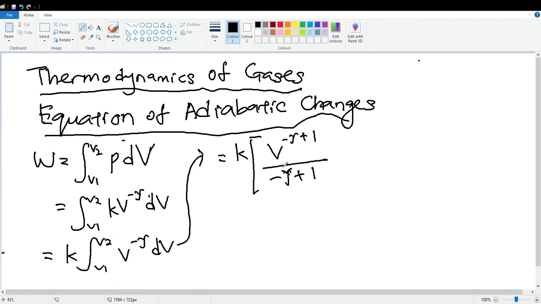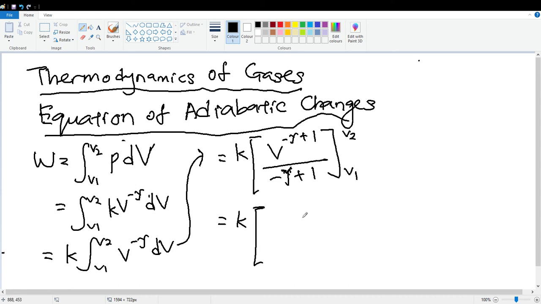This is the law of integration: the power is added by 1, and we divide by the new power of V. So this will be evaluated from V1 to V2.